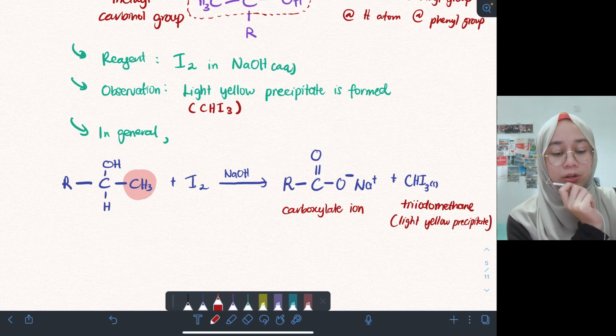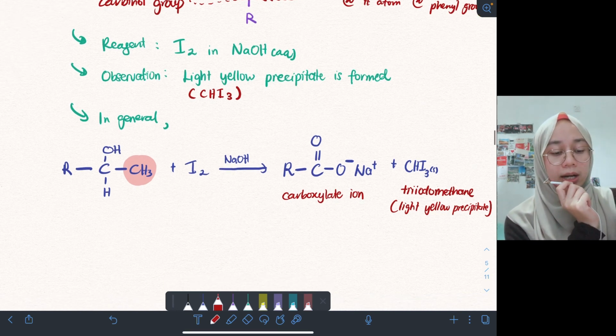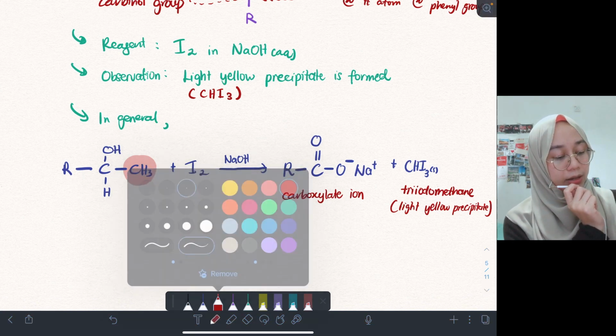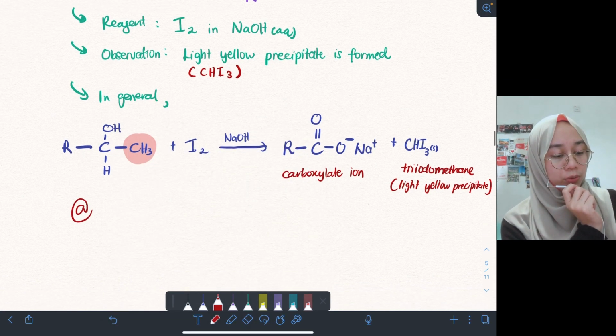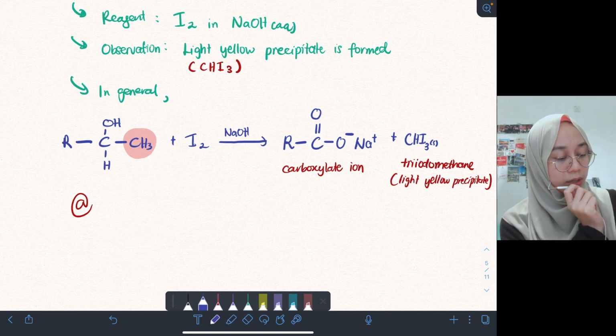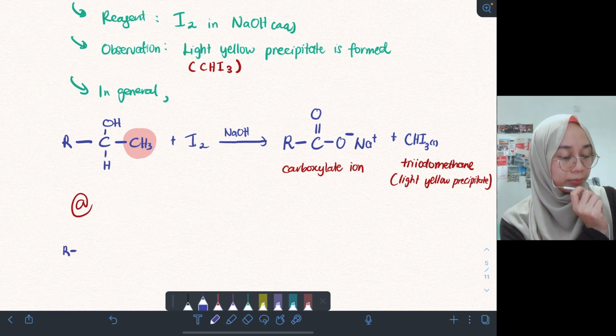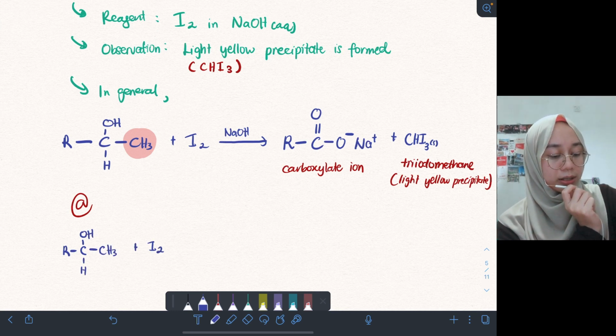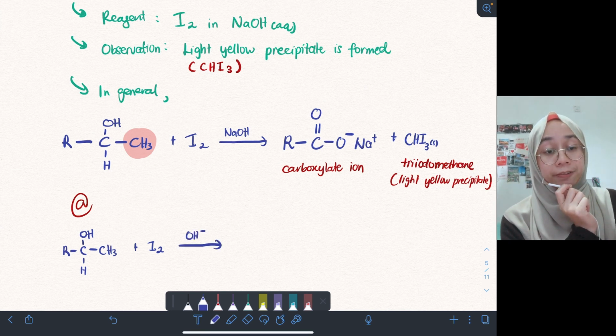Okay, so ini adalah kalau kamu letak NaOH. Okay, what if kita instead of tulis NaOH kita guna OH negatif je. So basically benda yang sama berlaku kelas. It's just that beza dia adalah instead of tulis NaOH kita letak OH negatif dekat atas tu.